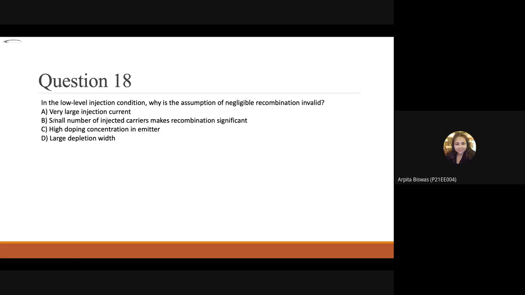Option C is the high doping concentration in emitter. And option D is the large depletion width. Ma'am, is it option B? Yes, option B. Small number of injected carriers make recombination significant.